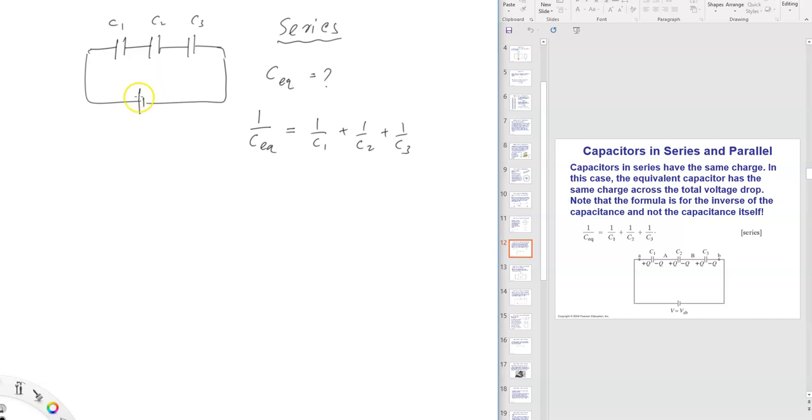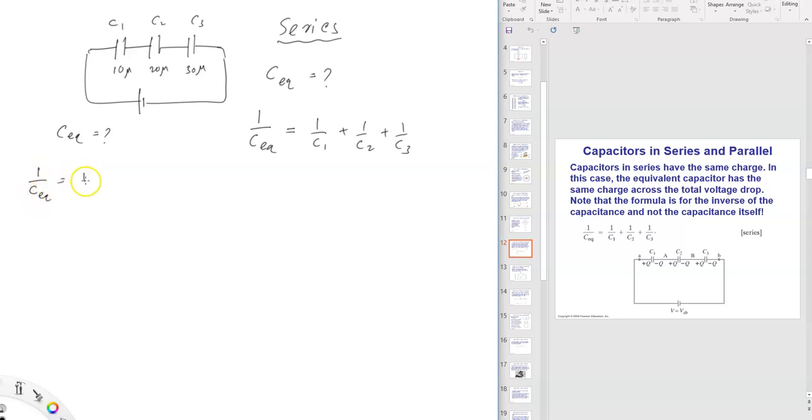So let's try a simple example here. Let's say this is again 10 micro, 20 micro and 30 micro. So we need to find CEQ. This is the question. What we do is we find this first, 1 over CEQ.